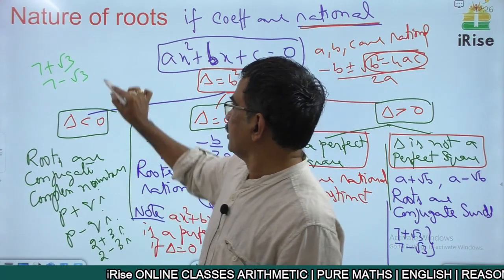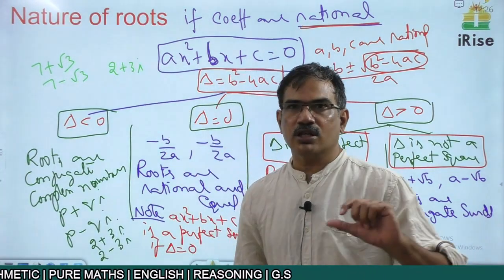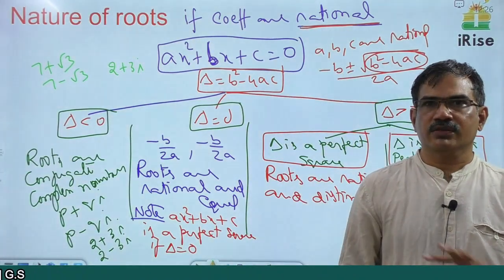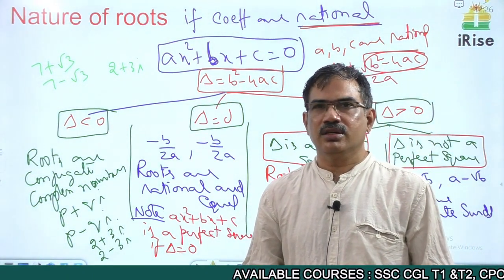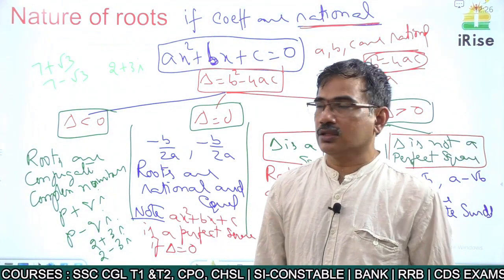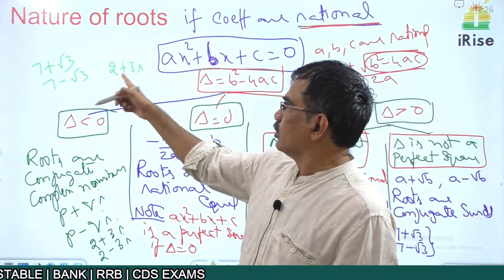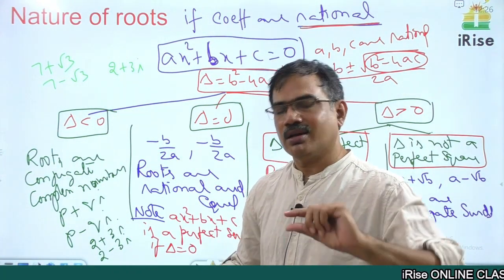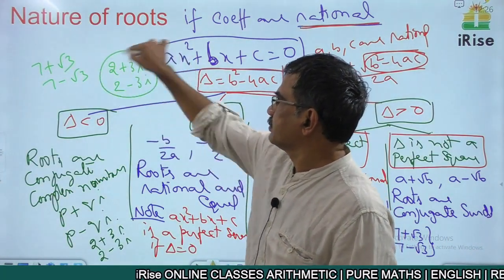Similarly, if one root is 2 plus 3i and coefficients are complex, what is the second root? We can't say. Because if complex coefficients are given, the nature of roots can be explained after finding the roots only, not based on b square minus 4ac. If one root is 2 plus 3i and coefficients are real given or rational given, the second root is 2 minus 3i.